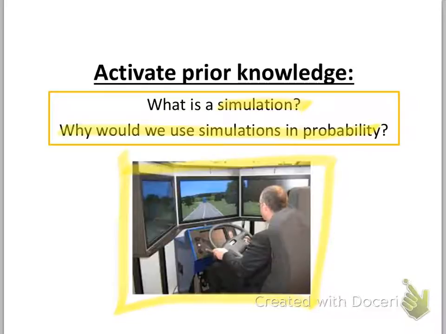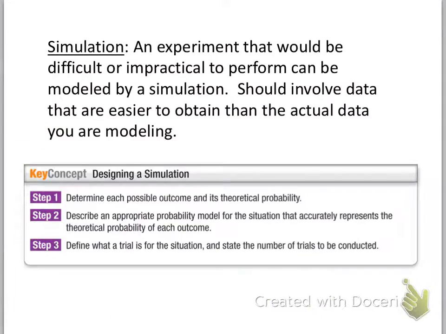How could we simulate a situation to make a guess about probability? Well, first, a simulation is an experiment that would be difficult or impractical to perform that can be modeled by the simulation. It should involve data that are easier to obtain than actual data you are modeling. So, for example, what is the probability that I will hit a home run on my next at-bat?